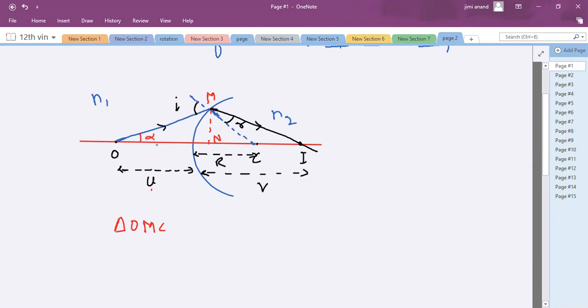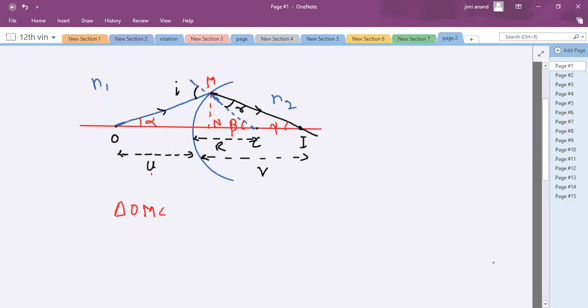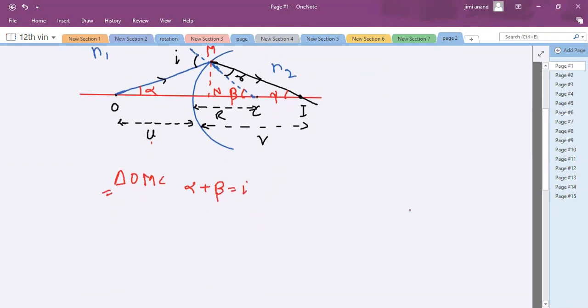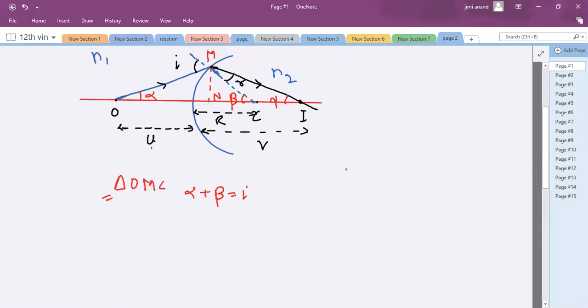Suppose this angle is alpha, this angle is beta, and this angle is gamma. In triangle OMC, alpha plus beta is equal to i. You can say it because the exterior angle is equal to the sum of the interior opposite angles. From this property of triangle, you can say it.